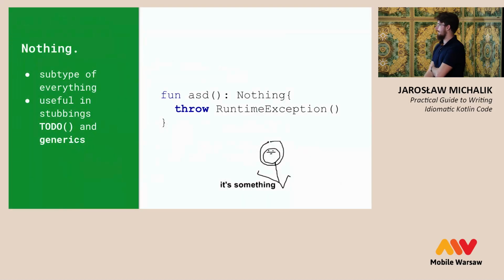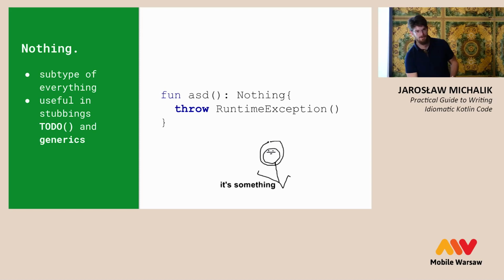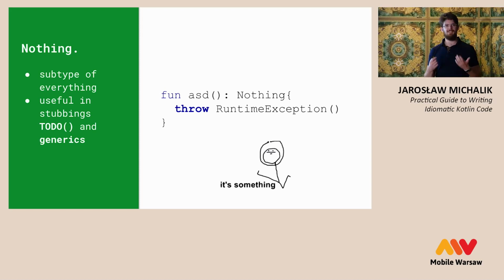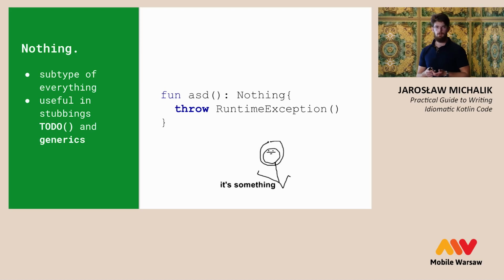So I guess nothing is something. The contract of nothing is that this is a subtype of everything. And you are already probably using nothing not only in generics, but in the TODO function. A function has type of nothing if it never returns anything.